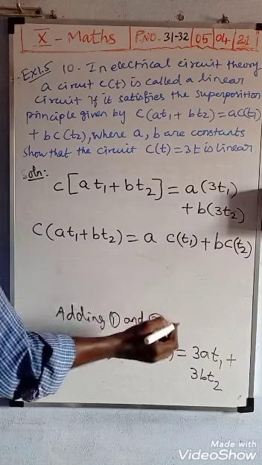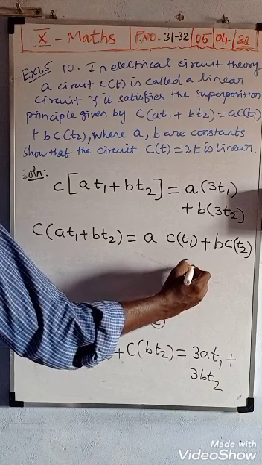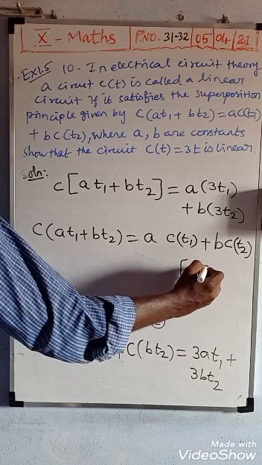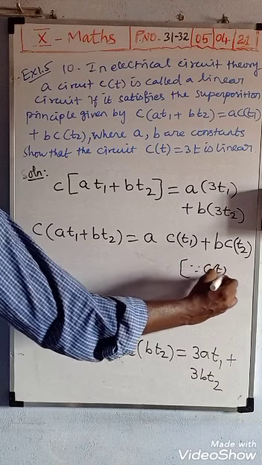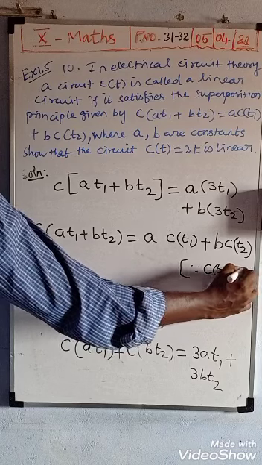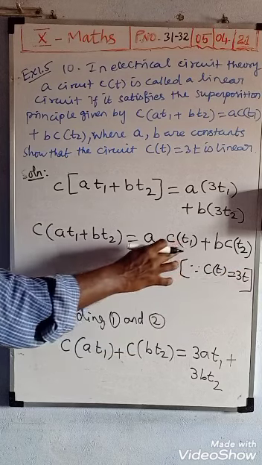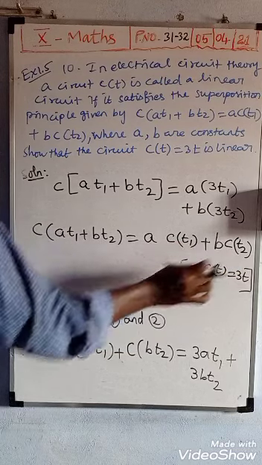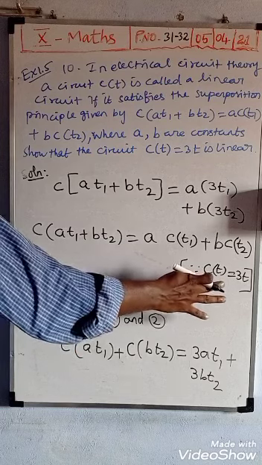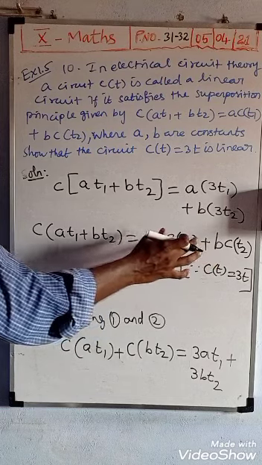How? Because here C of T is equal to 3T only, we are receiving C of T1, C of T2. So using this result we received this result.